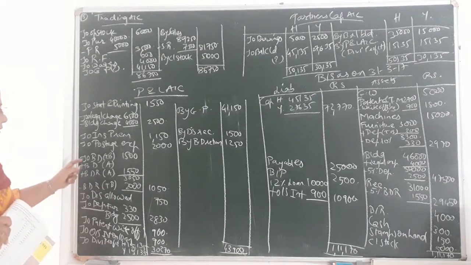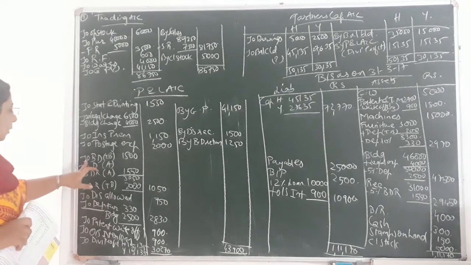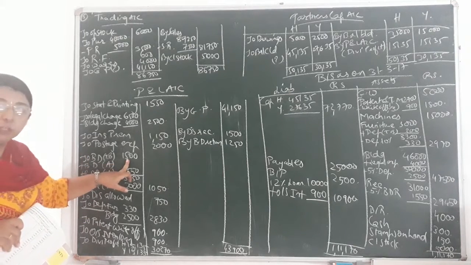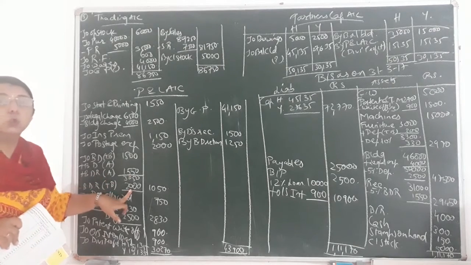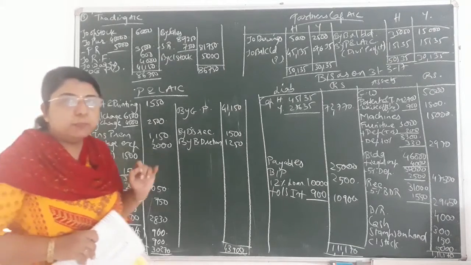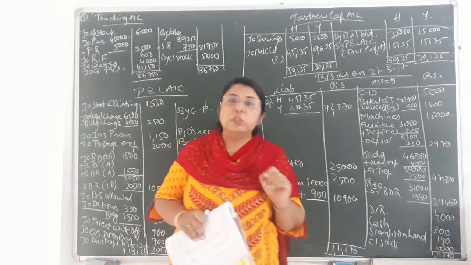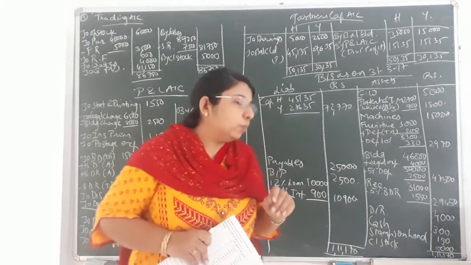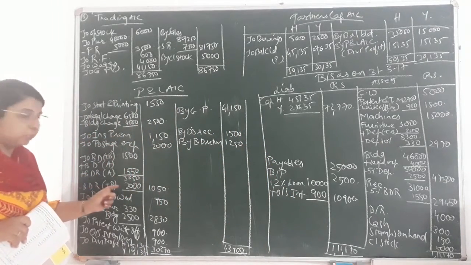So over here the bad debts and bad debt reserve of trial balance are given to you. Bad debts of trial balance is 1,500, and bad debt reserve of trial balance is 2,000. Now always make it clear, bad debts will always have a debit balance and bad debt reserve will always have a credit balance. You may see over here also, I have subtracted bad debt reserve of trial balance, that is 2,000.